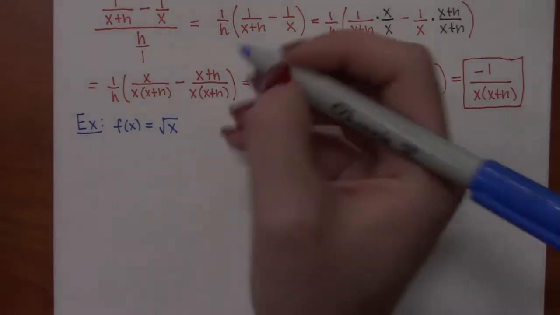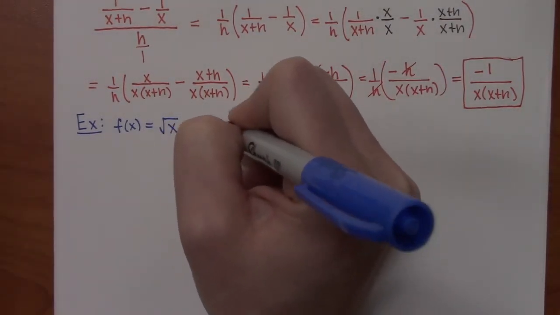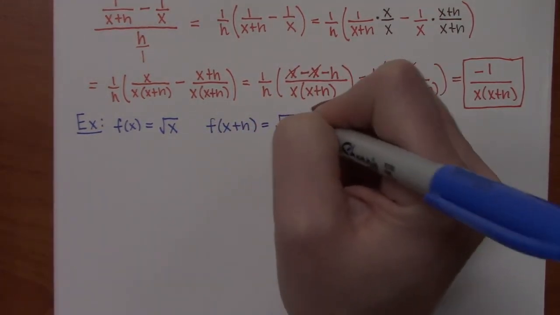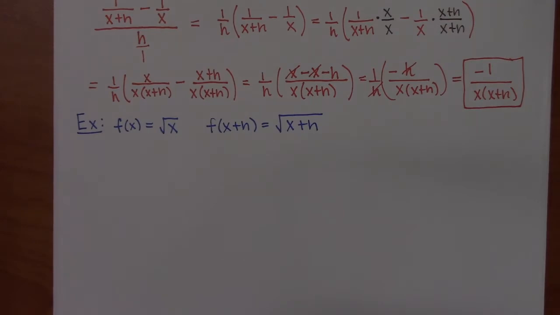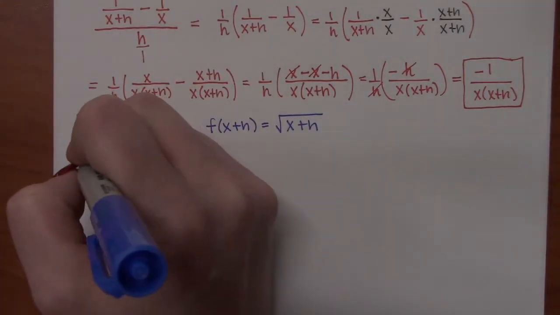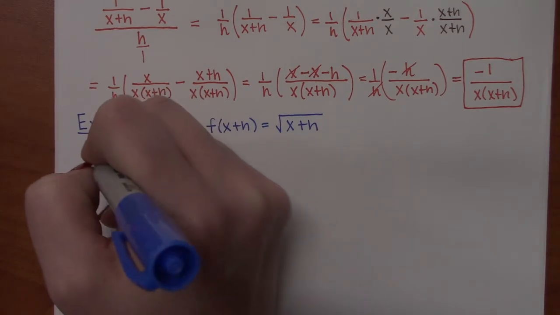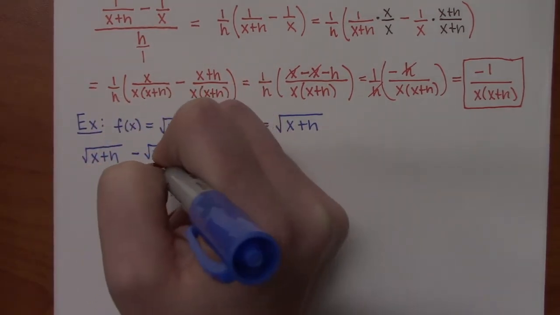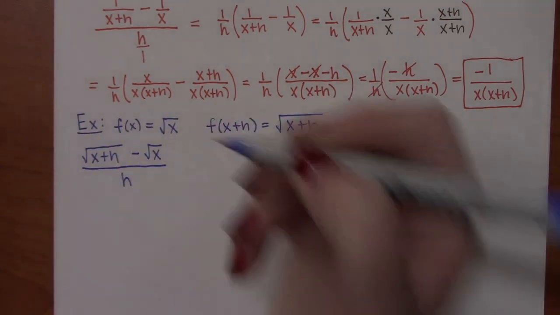So we plug in x plus h, and we'll just get the square root of x plus h. So if we build our difference quotient, we're going to have the square root of x plus h minus the square root of x, all over h.